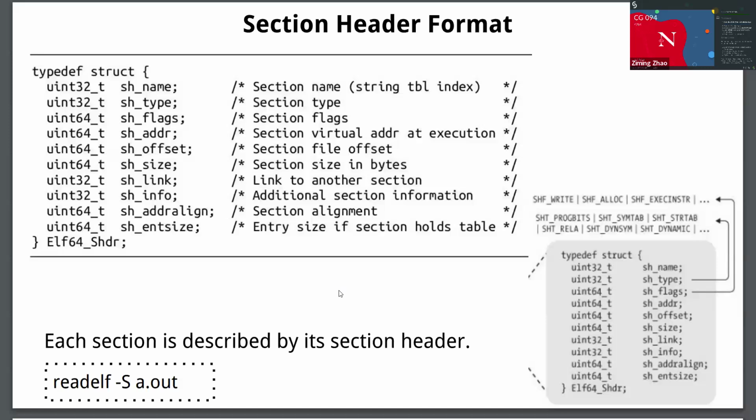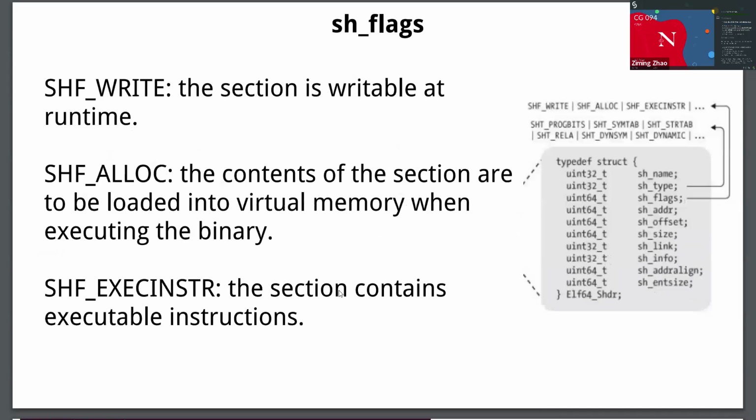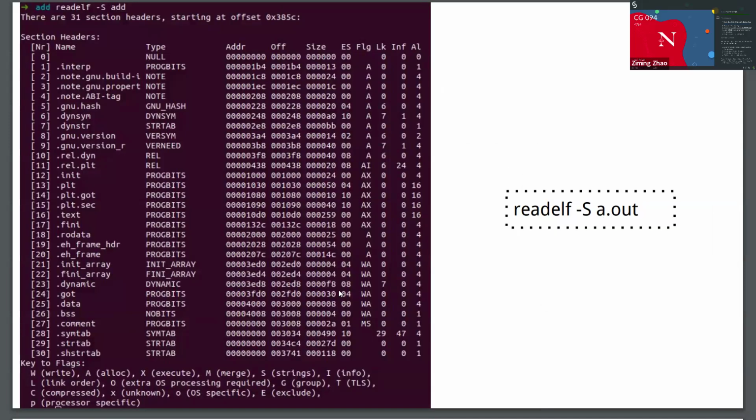Those sections are writable, readable, executable, those kinds of permissions. So you don't need to memorize any of this, right? This is mainly for your reference. Then this is a more concrete example of what kind of sections we have there. So get yourself familiar with those section names.